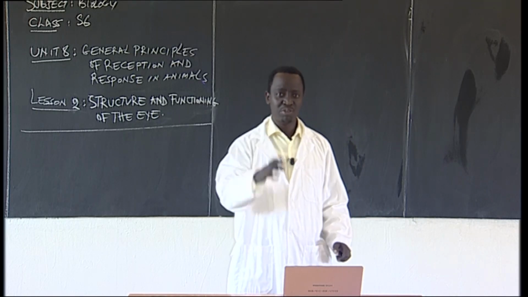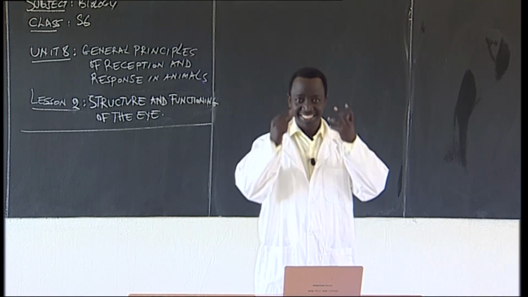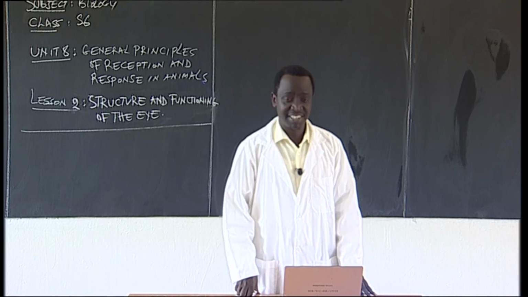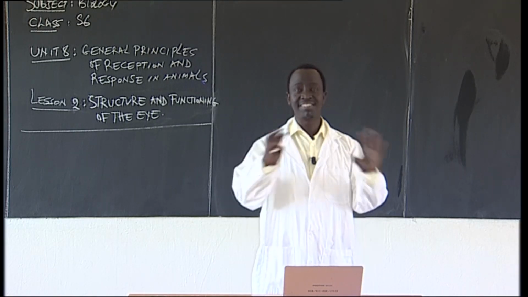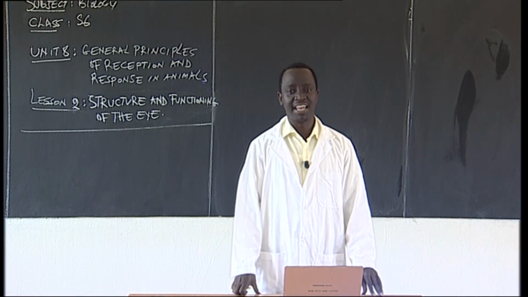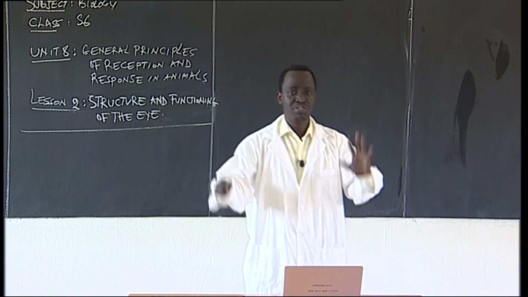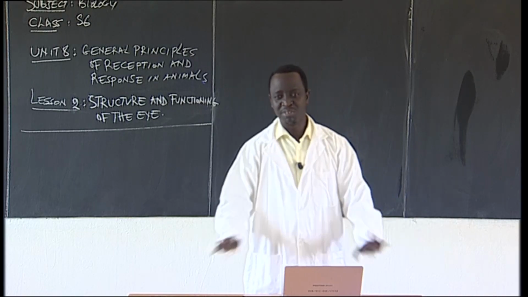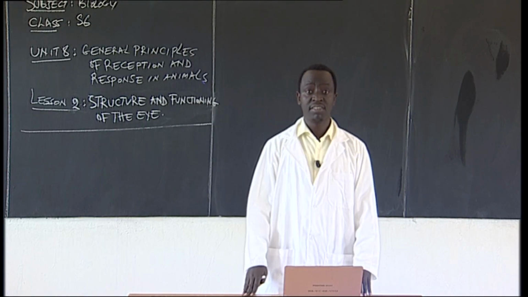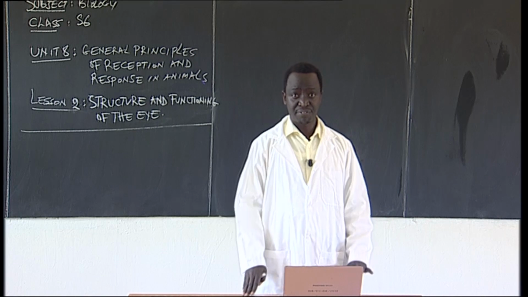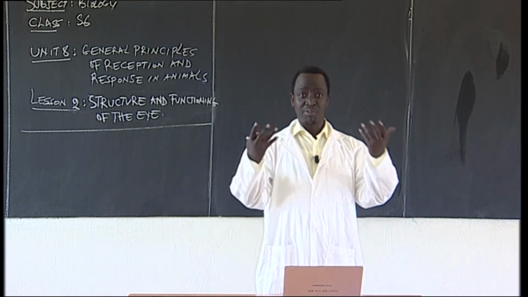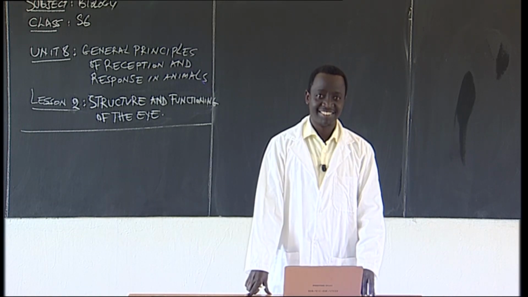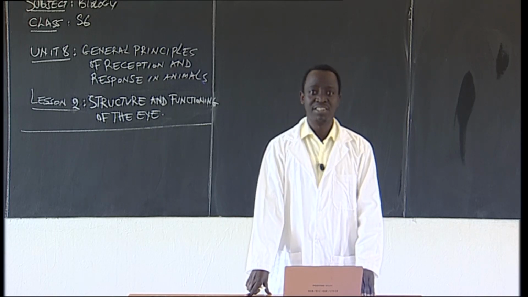Yes, it helps us to see. The sense of that is what you call sight, which means the eye is very important. If you don't have the eye, we cannot see the good image. You cannot see the colors. But we have the eyes, which is a very important organ.